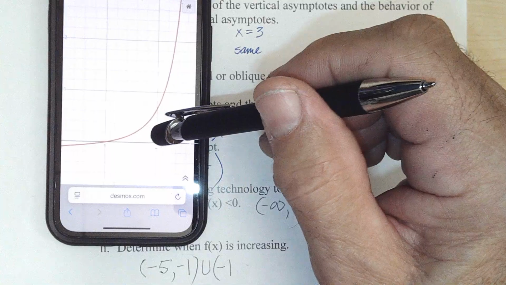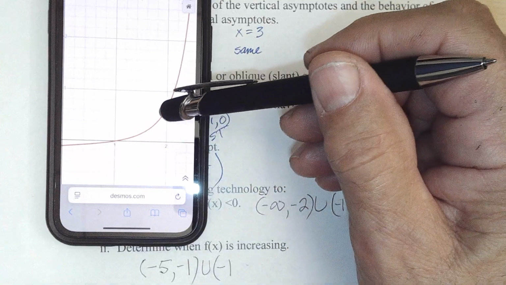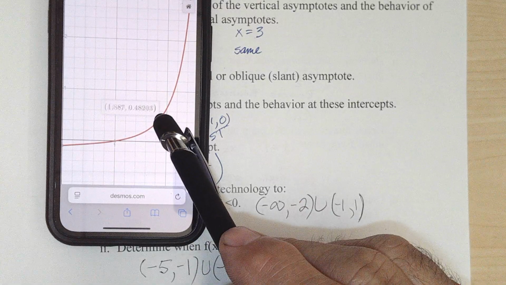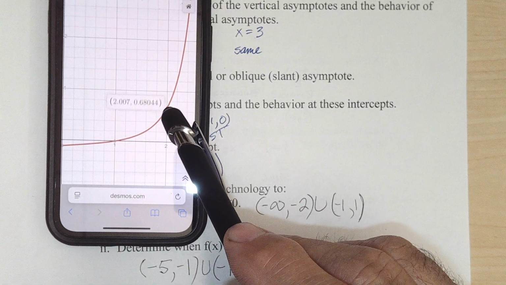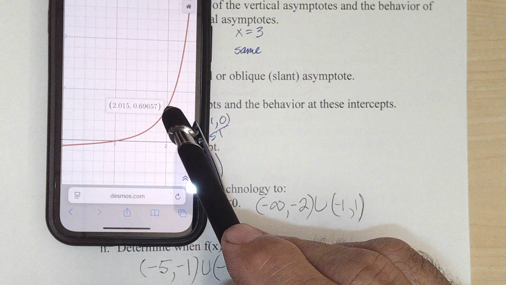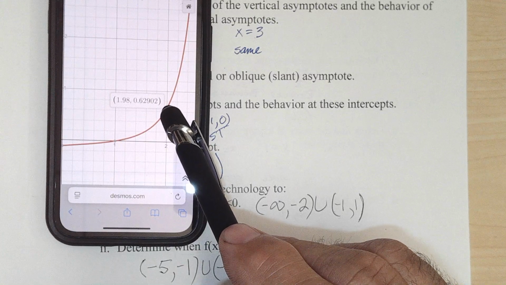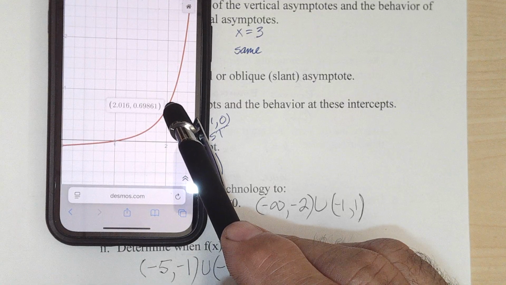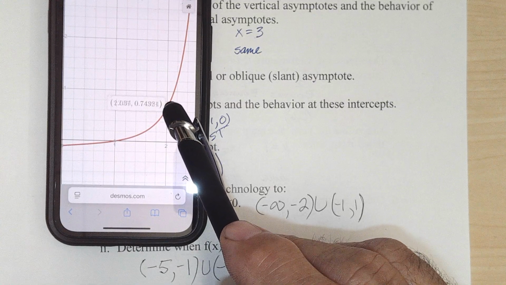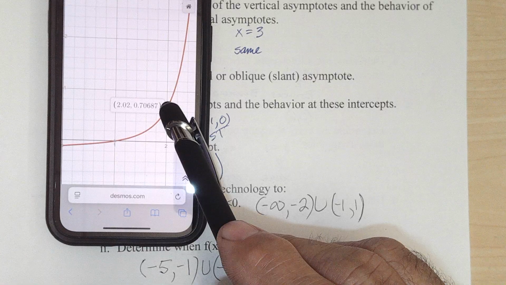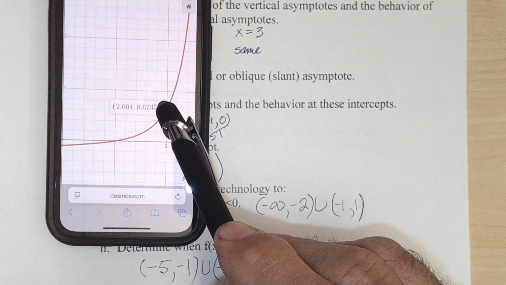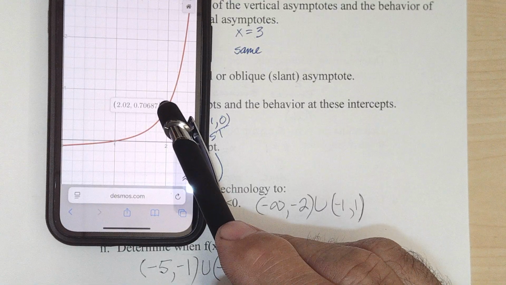At 2 and something. So now let me see if I can show this. I've got to hit 2, which is going to be really hard. There! I saw it. 2 is undefined.